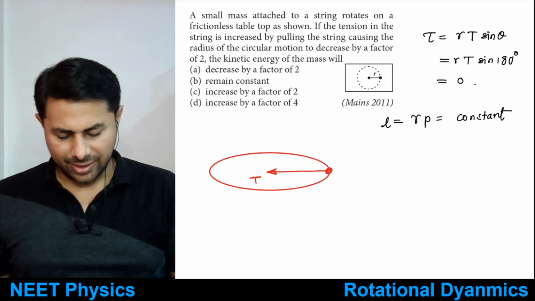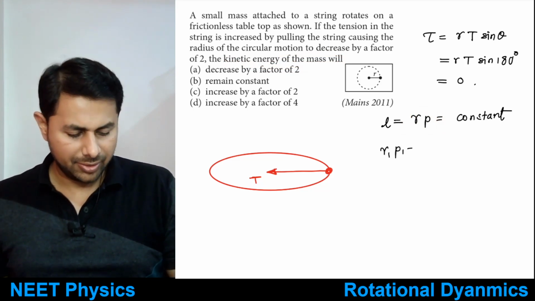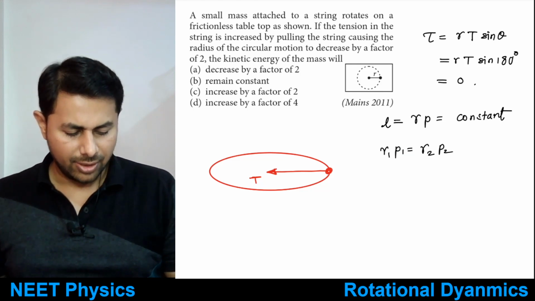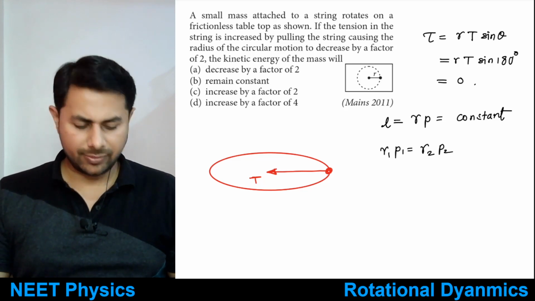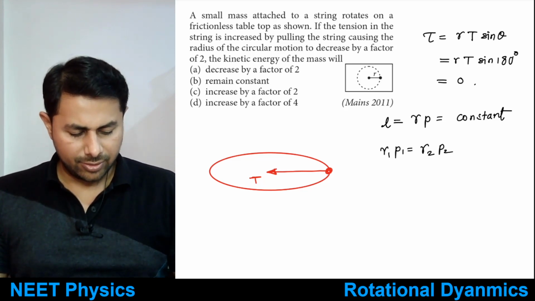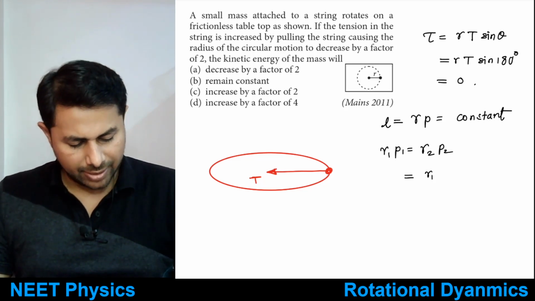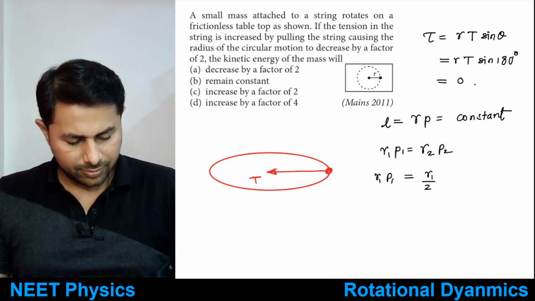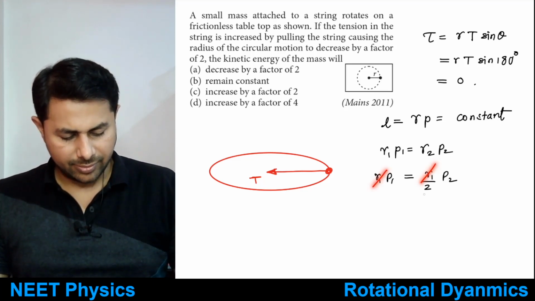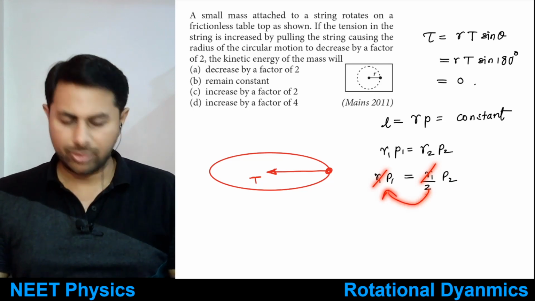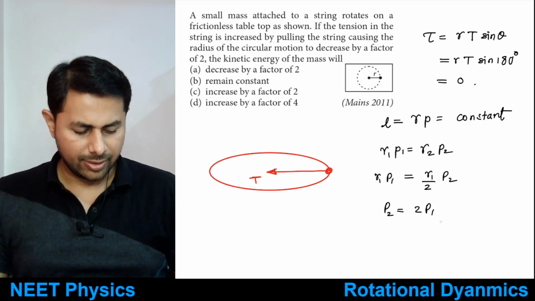So you are decreasing the radius, r1 p1 is equal to r2 p2. You are decreasing the radius, which means the momentum will increase. So r2 is equal to r1 by 2, so r1 gets cancelled, and therefore p2 is equal to, moving 2 to that side, 2 times p1.